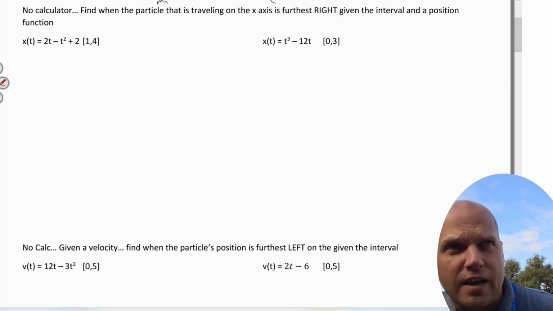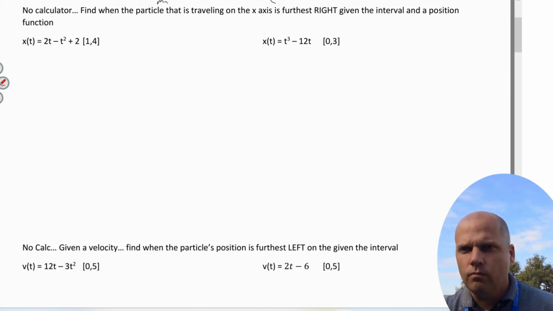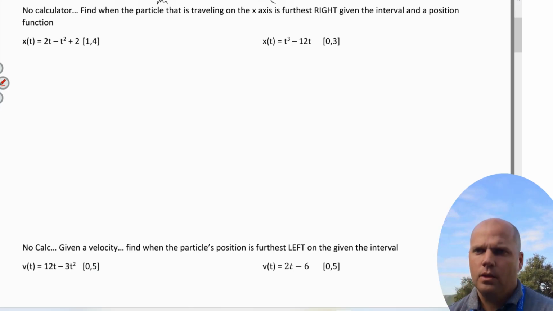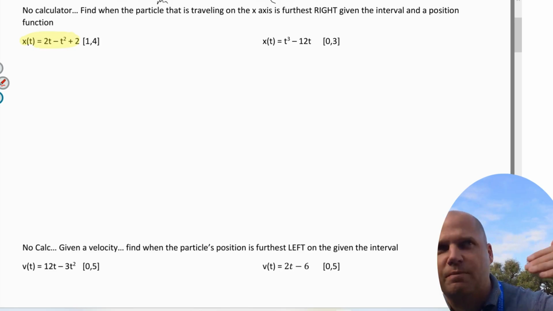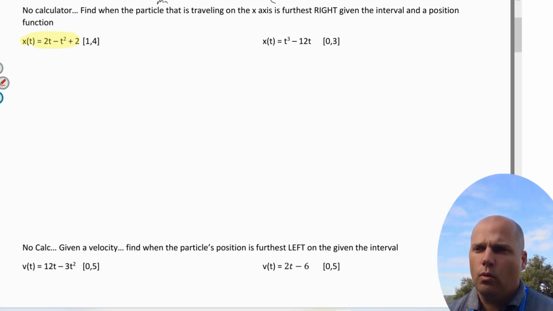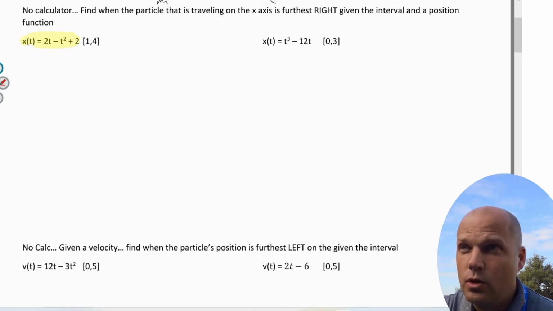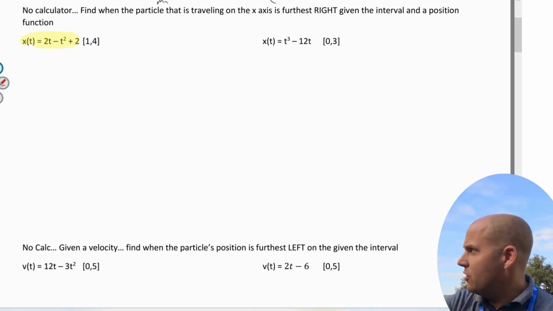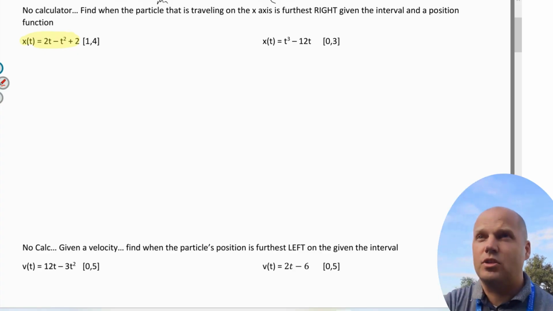And then we just kind of combine our day 1, day 2, and day 3 stuff. Day 1, you have the position function, or you have the ability to have the position function. You are able to have exact positions. Day 3, you have a velocity function, and you're not able to find the position function because you don't have information to find it, but it's okay.